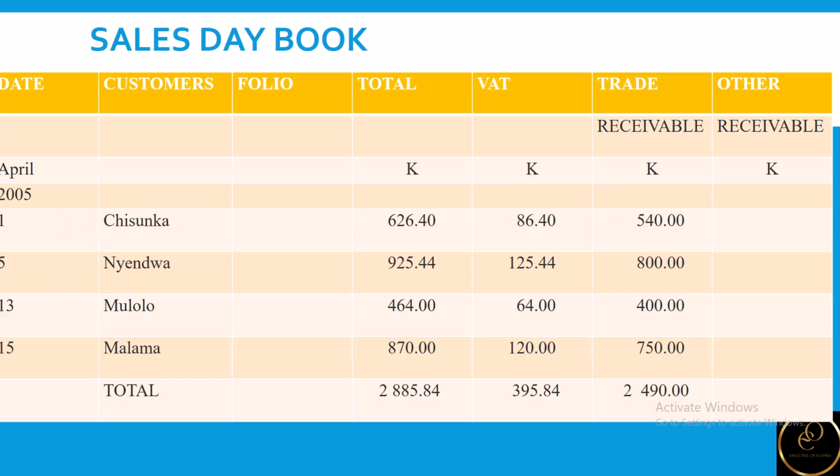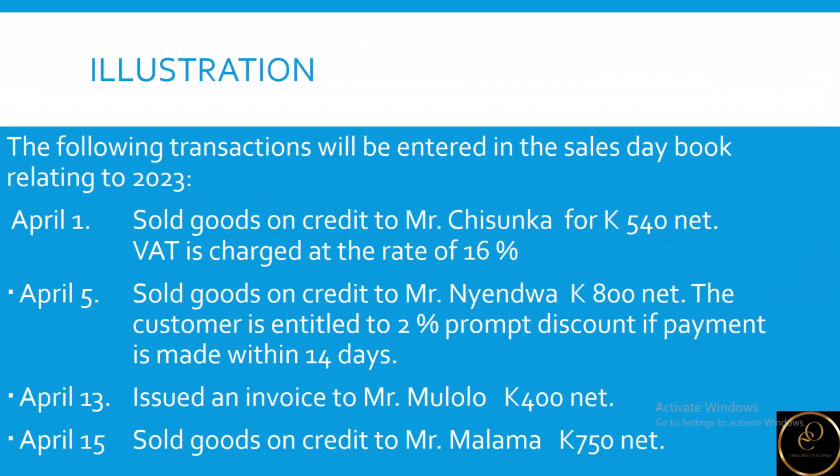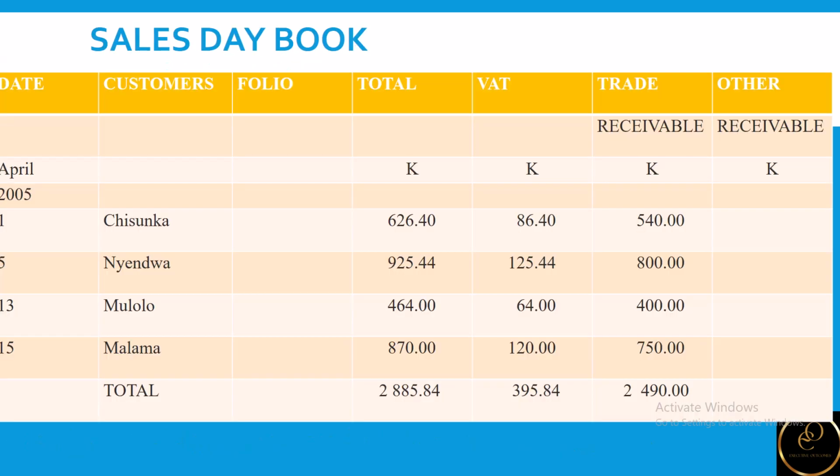Let's go back and look at what we have for the first transaction. 1st April, sold goods on credit to Mr. Chisunka for 540 kwacha net. VAT is charged at the rate of 16%. Since this amount does not contain VAT, as indicated, VAT exclusive, being given as 540 kwacha net, the recording will be done as follows.